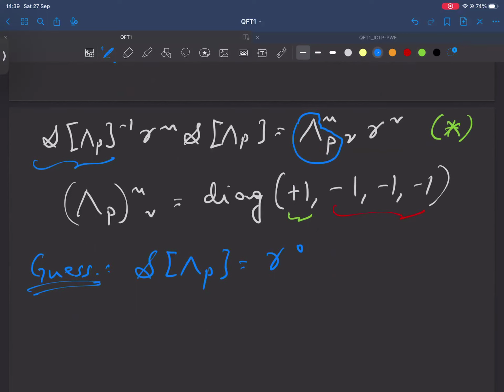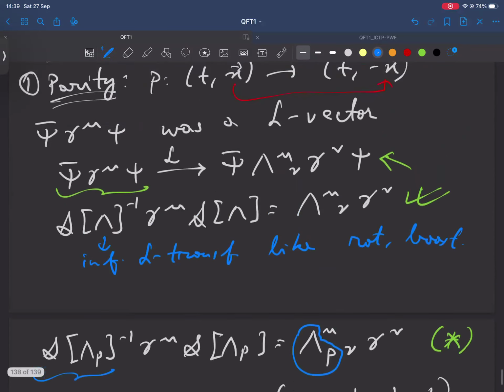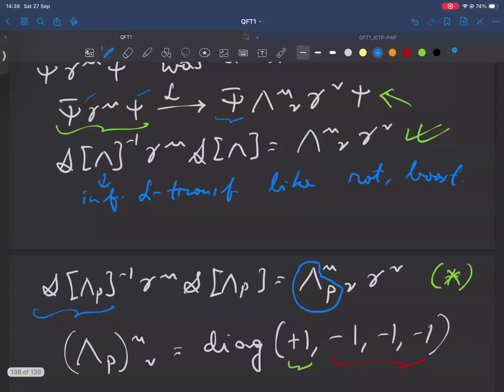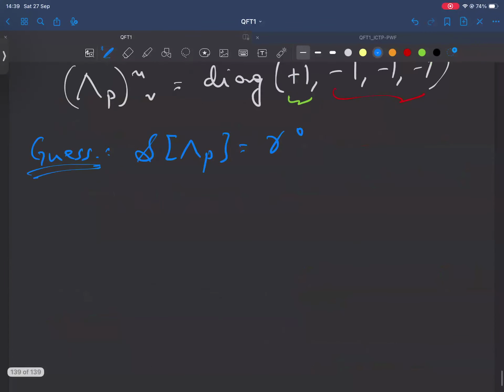I will answer this in more detail later. Only when you sandwich these things like this, and psi bar and psi all transform, the way they all transform together makes the whole thing a vector. That is necessary, but we will see other transformations in more detail.